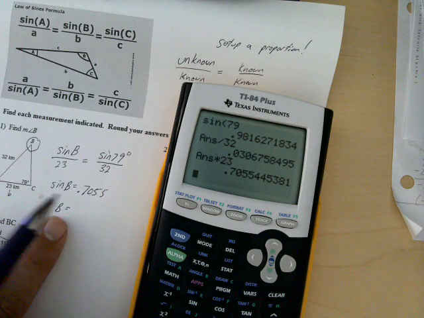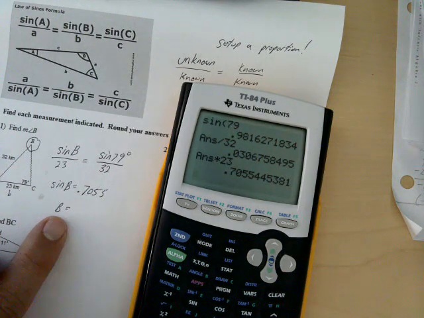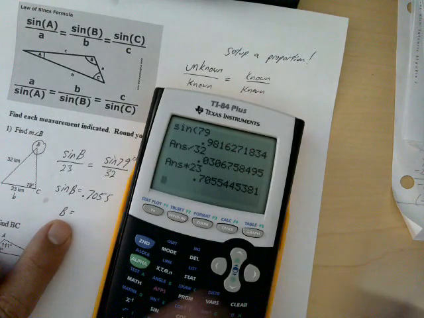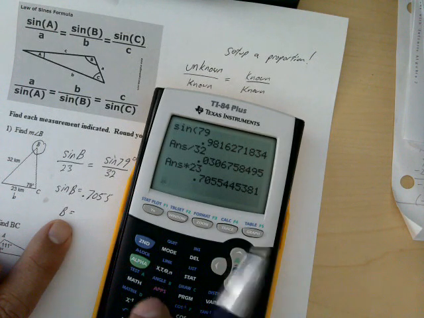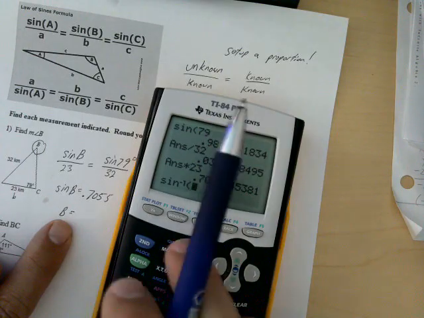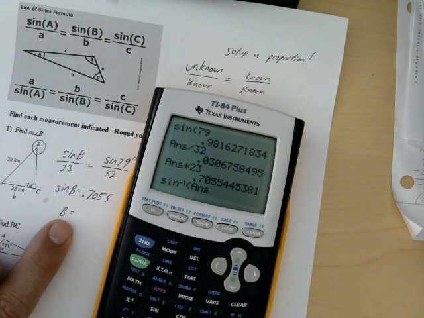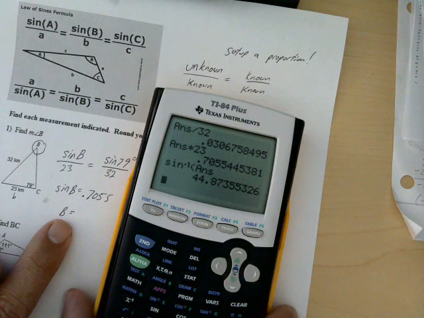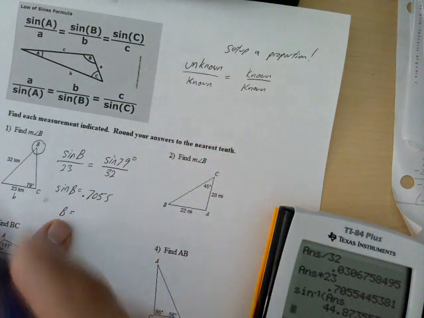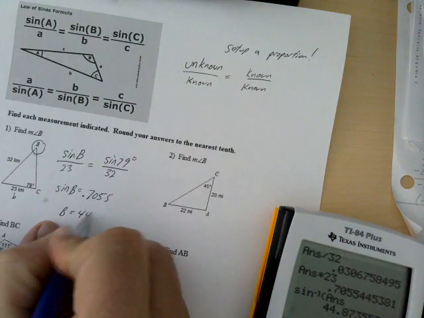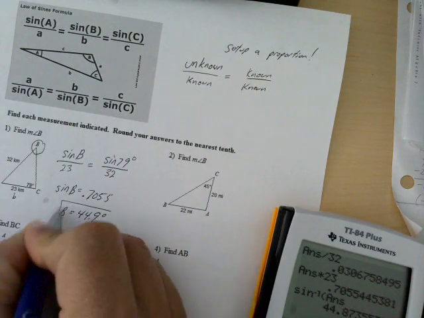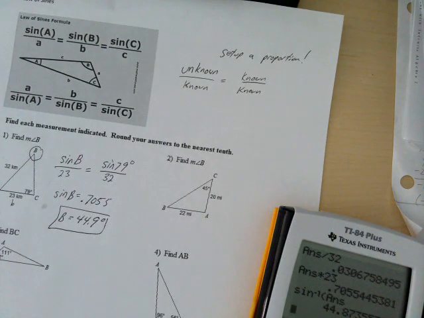The calculator has this ratio stored in its memory. So to figure out what this angle is, I hit second sine and paste this in. I don't want to round this. I rounded it on my paper, but I'm going to hit second, negative one, paste that answer in, and I see it's about 44.9 degrees. That's the only thing I'm asking.